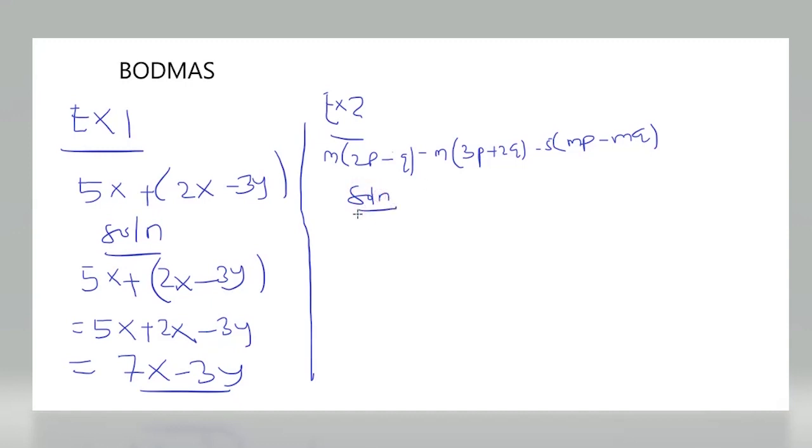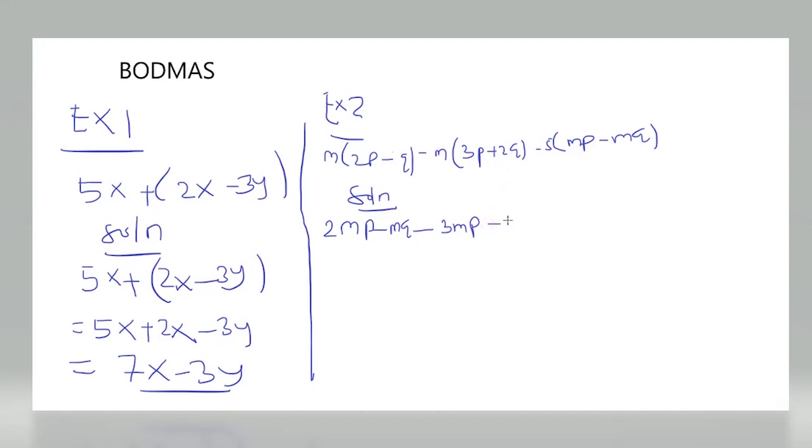Now solution. Open the bracket first of all, which is the rule. You should start by opening the bracket. Now 2m times 2p is 2mp, minus m times q is mq, minus m times 3p is 3mp, minus the negative m times 2q positive.